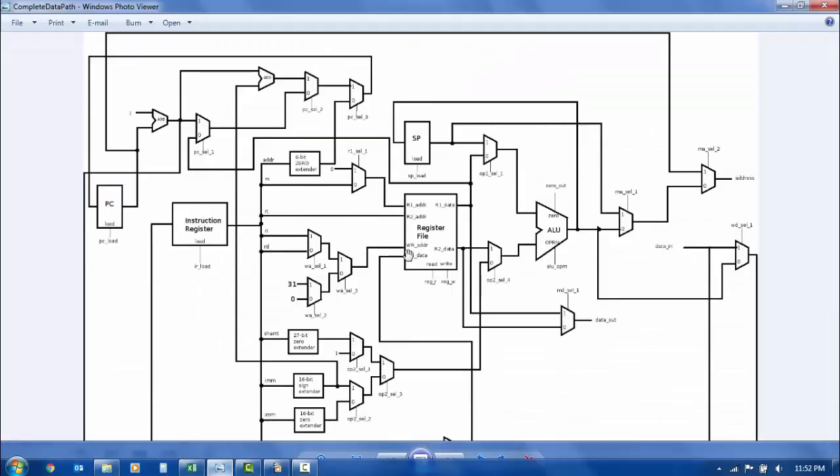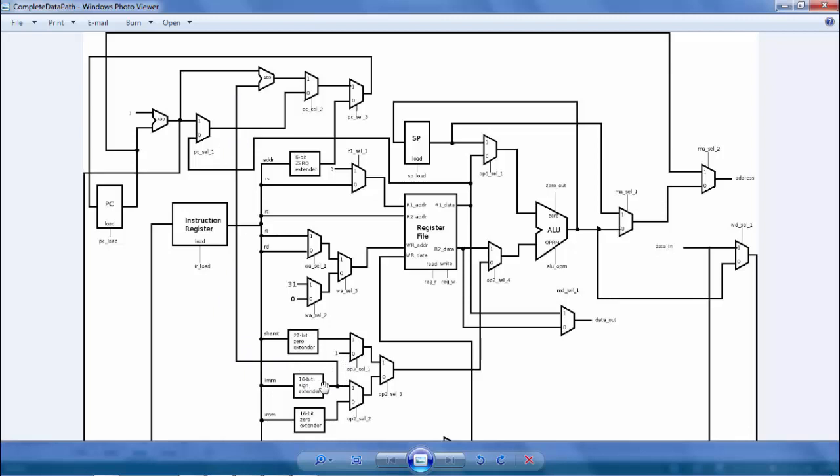And that data path jumping to the L1 path is my branch address, which is being generated by your PC plus 1 plus this immediate address.